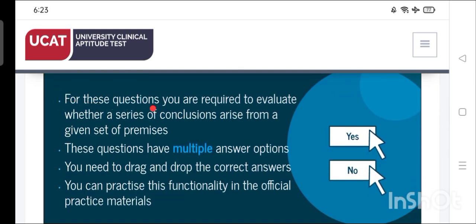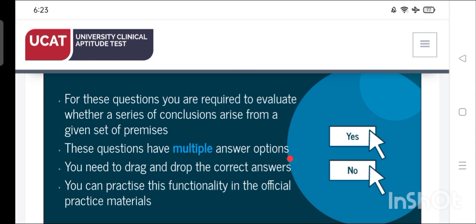For these questions, you are required to evaluate whether a series of conclusions arise from a given set of premises. These questions have multiple answer options.